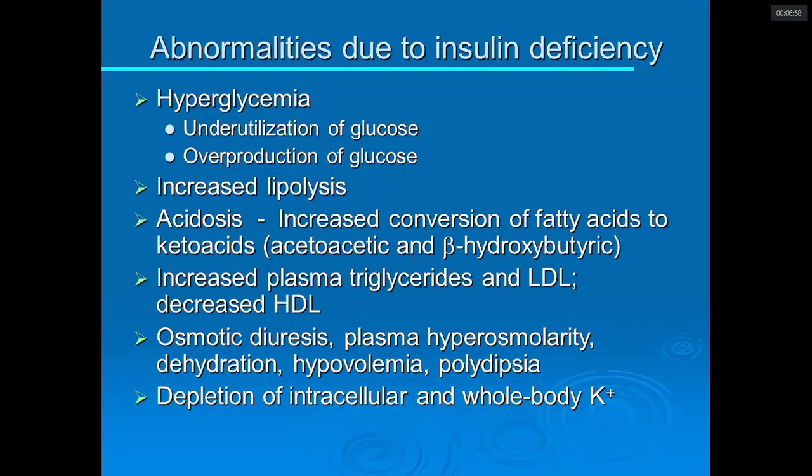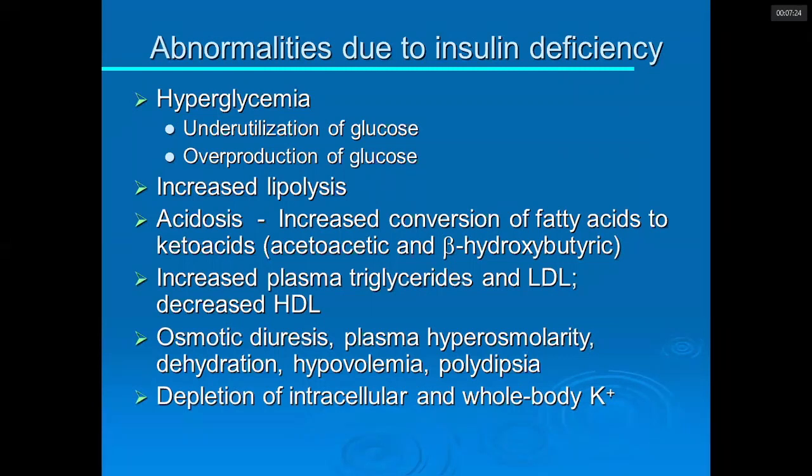We have hyperglycemia, because patients have insulin deficiency, which leads to a defect in the metabolism of glucose. We have increased lipolysis because of insulin deficiency, the opposite of the physiology when patients have a normal insulin level.